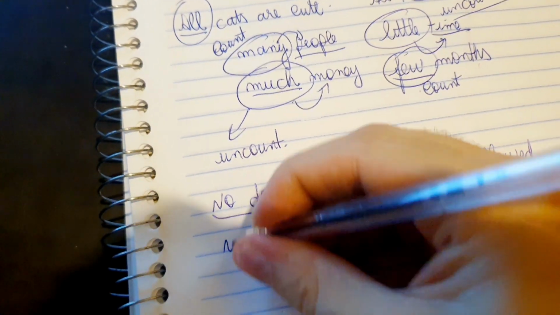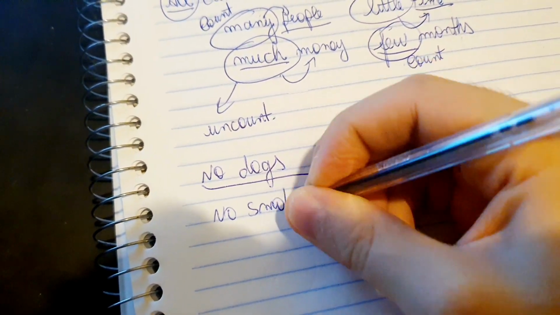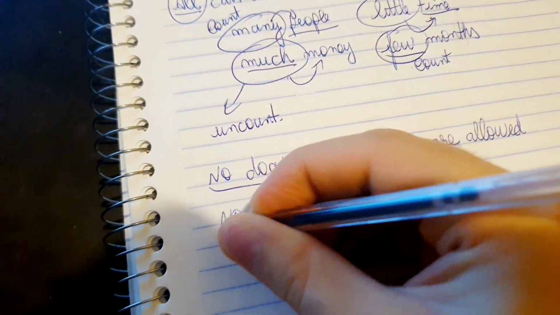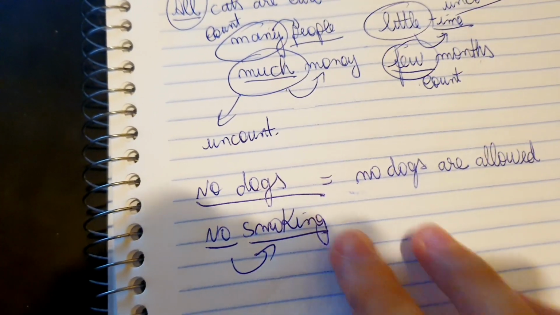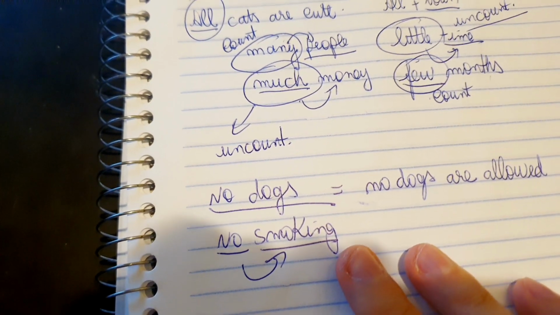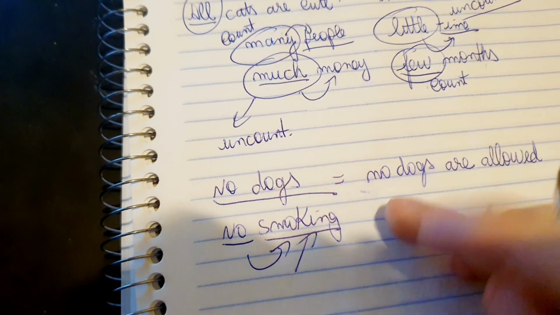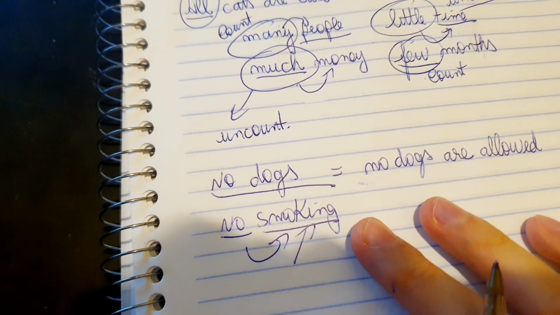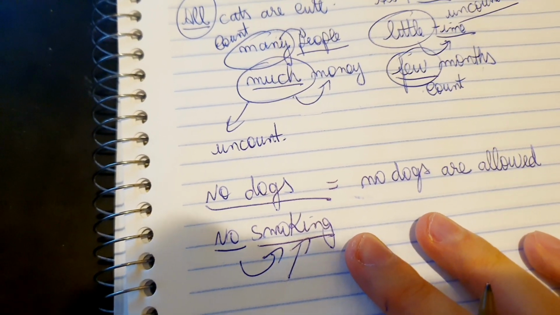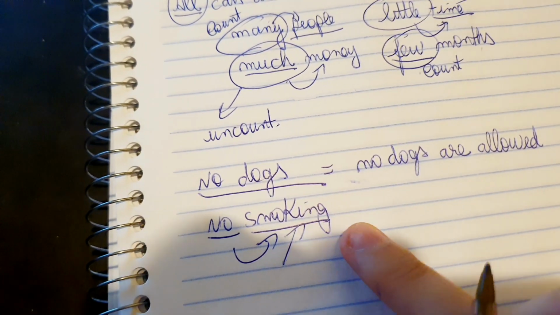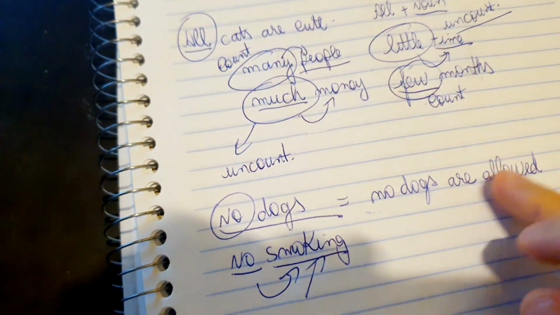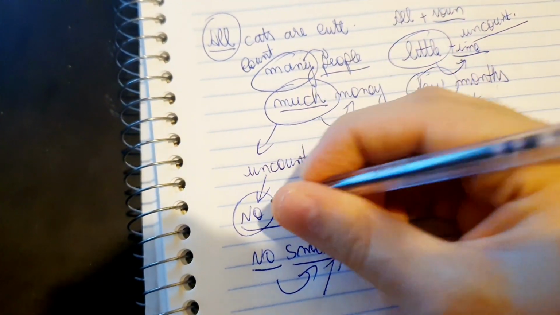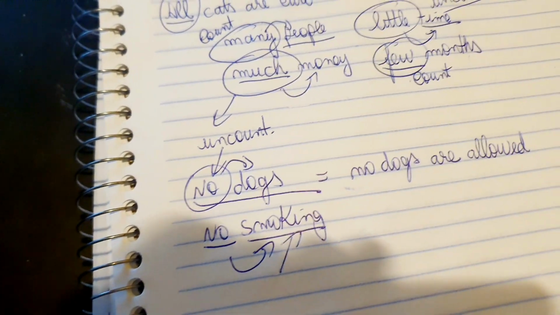Or you can also say no smoking. You can also use this word followed by ing that represents the act of smoking. So it's like a name, okay? Smoking is forbidden here. It's not allowed. No dogs are allowed. No also follows a noun.